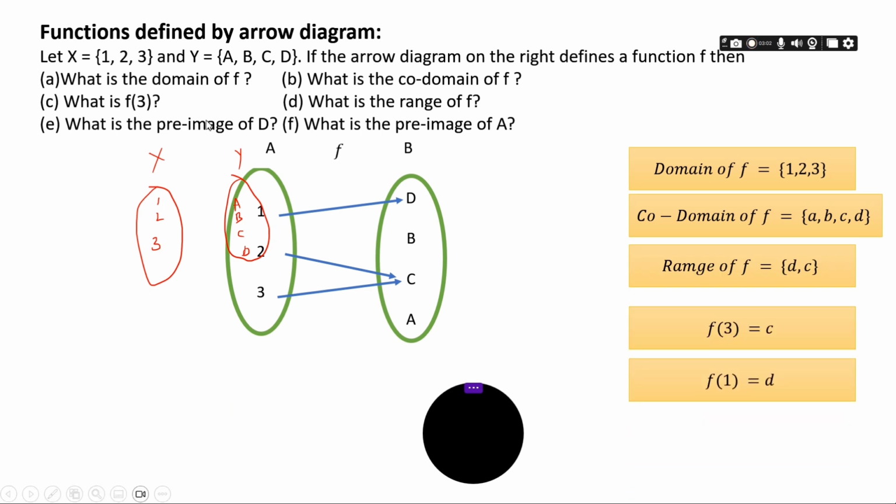In this case our domain is all the x values. The codomain is all the values in the second set, a, b, c, d.